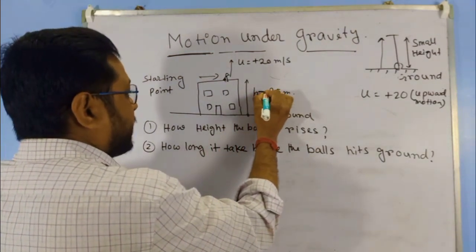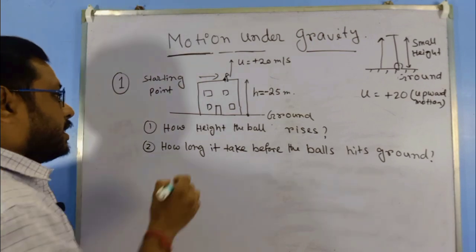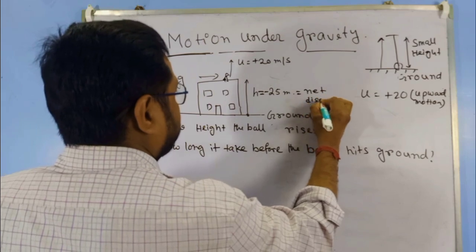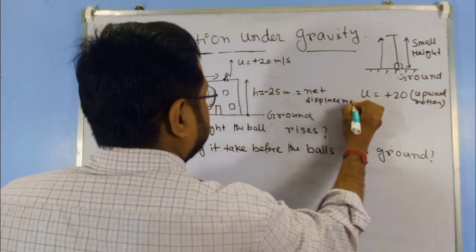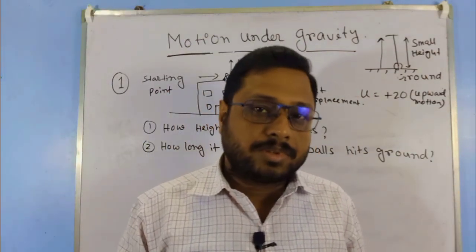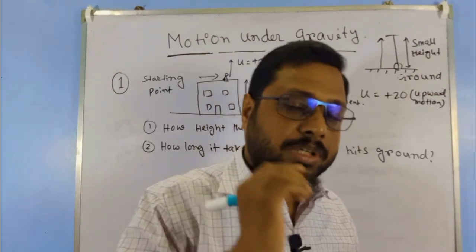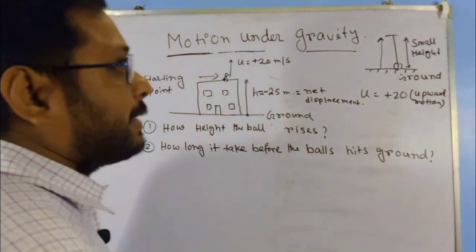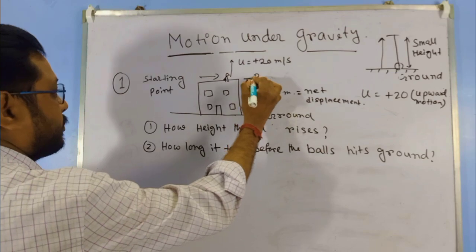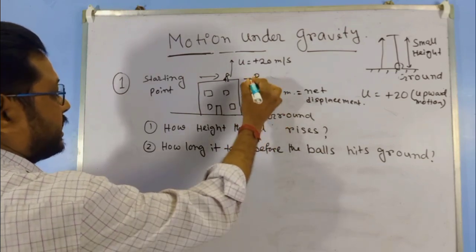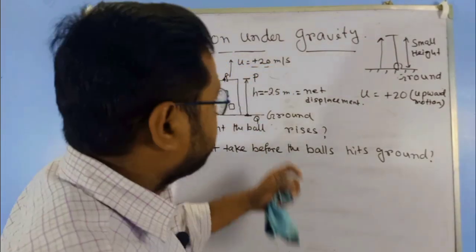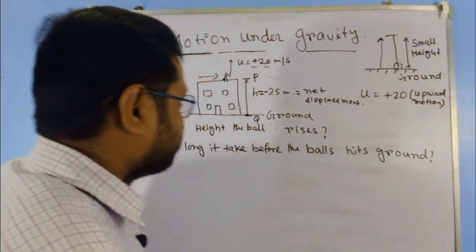But here h is taken as minus 25 because, as we said earlier, it is net displacement, not the distance covered. You can learn the difference between distance and displacement by watching the one-dimensional motion video on my channel, Talking Physics with Piyas Sarkar. Minus 25 meter is the net displacement. Displacement is from initial to final, from P to Q. So the direction of displacement is downward and the direction of velocity is upward. If we take the velocity as positive, then the sign of displacement becomes negative.